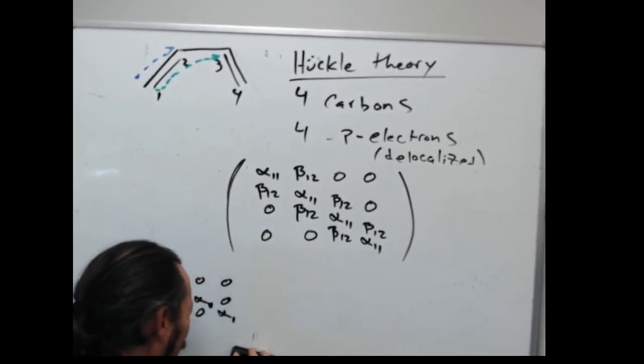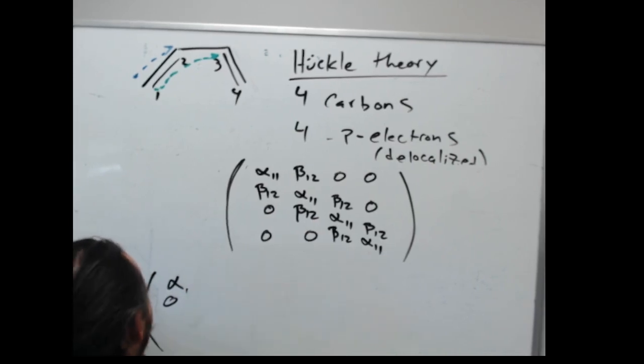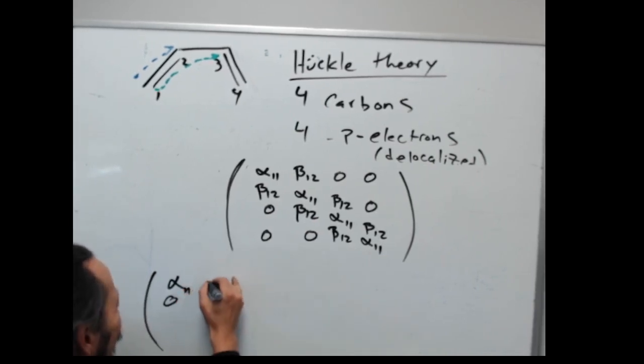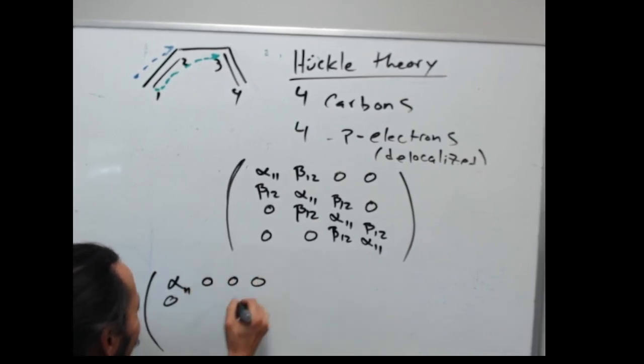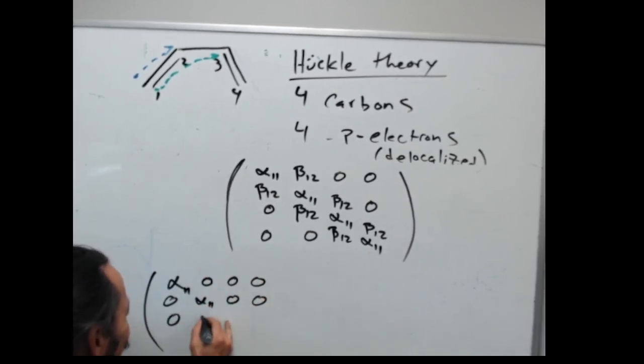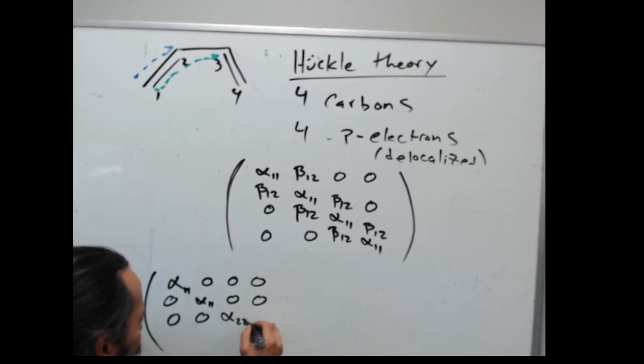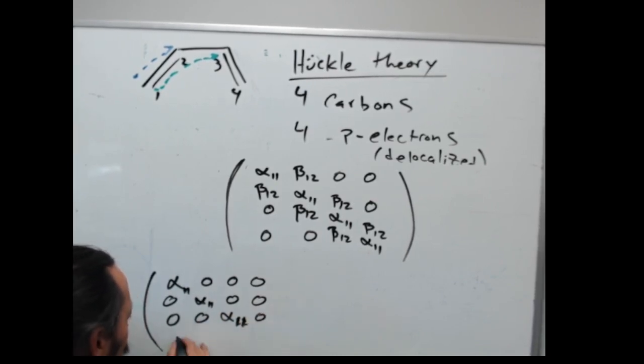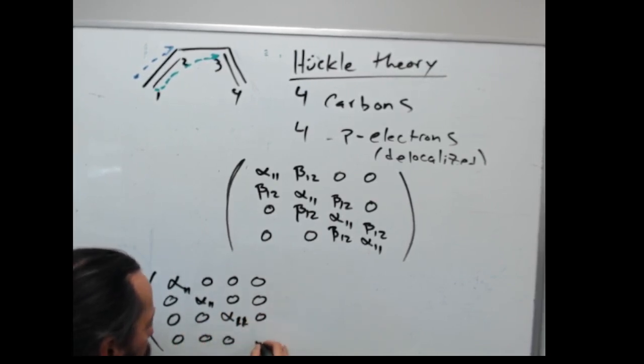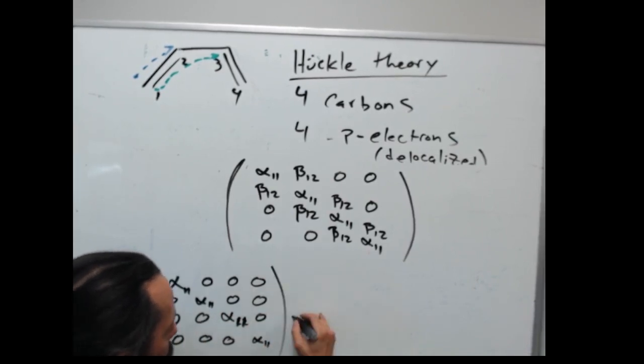Hold on, let me write that a little bit cleaner. Alpha 1,1, alpha 2,2, and so on along the diagonal, with zeros elsewhere.